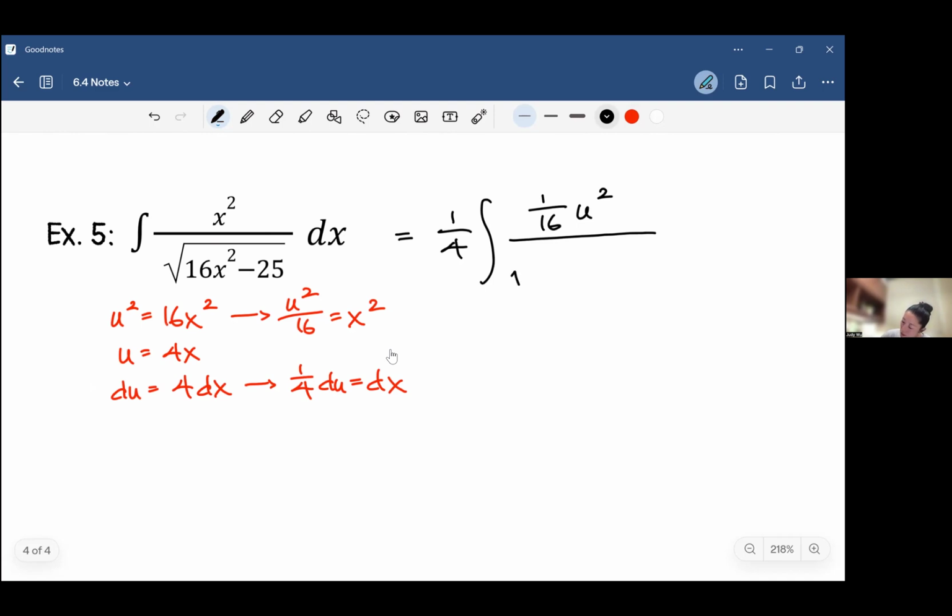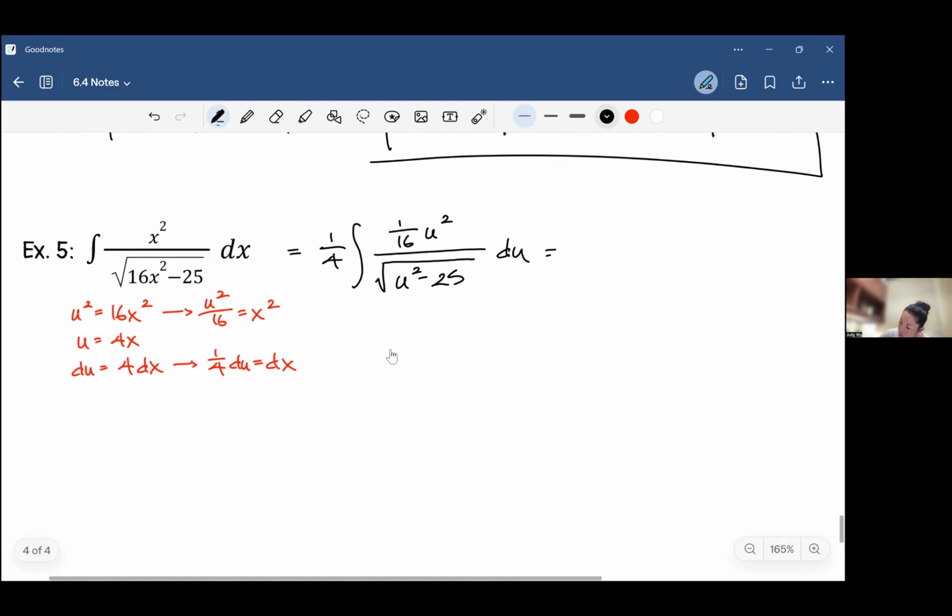And on the bottom, I'll have the square root of u squared minus 25 du. Because I've got the 1/16 and the 1/4, I can bring that 1/16 out to the front, and I get 1 over 64, the integral of u squared over the square root of u squared minus 25 du.